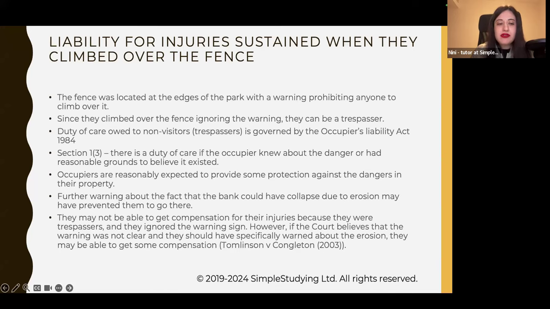However, if the court believes that the warning was not clear and they should have specifically warned about the erosion, they may be able to get some compensation, as I explained before. And the authority for this that you should cite is the case of Tomlinson versus Congleton. If your lecturer is citing another case, then use the case that your lecturer is citing.